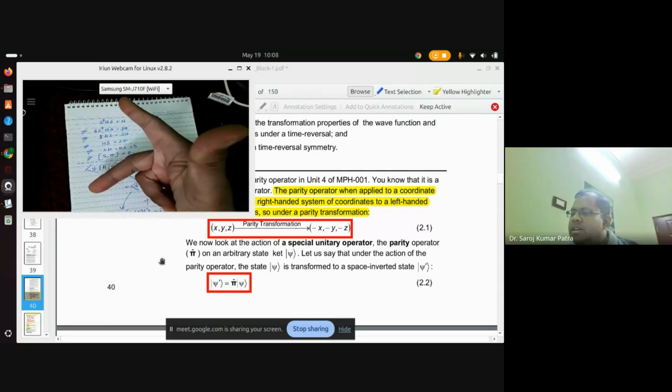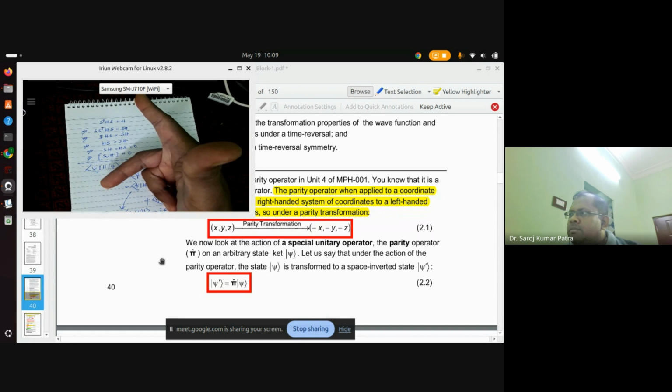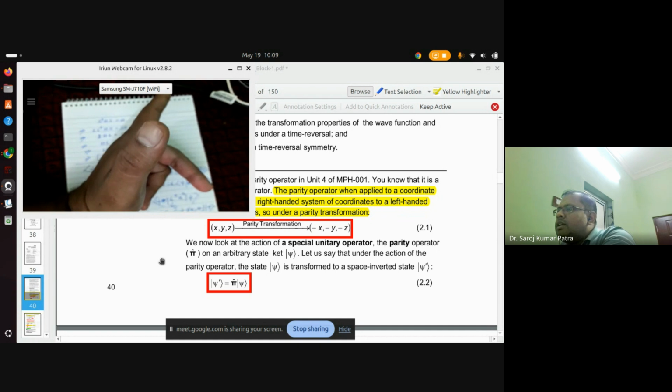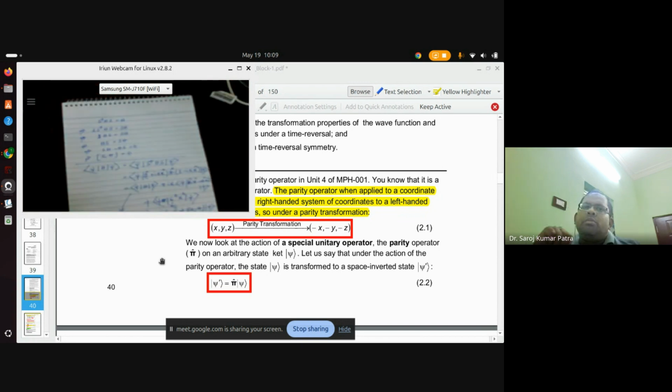In my right hand, my thumb is kind of the z axis, my index finger is, let's say, the x axis, and my middle finger is the y axis. And from a right-handed system, if I go to a left-handed one, which is like this, you can see if one is clockwise, the other is kind of anti-clockwise.